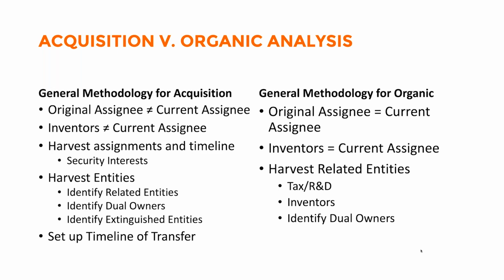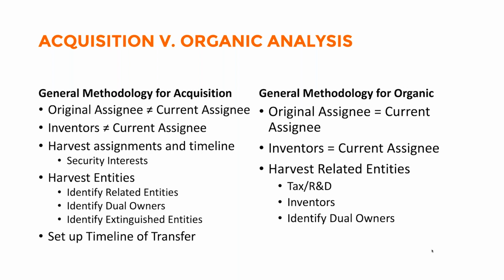What I would mention is acquisition and organic. We use original assignee as a proxy for organic, as well as current assignee. The basic rule of thumb: if your original assignee is the same name as your current assignee, it's an organic thing. If it's not, it's likely acquired. Now, there are some nuances here.